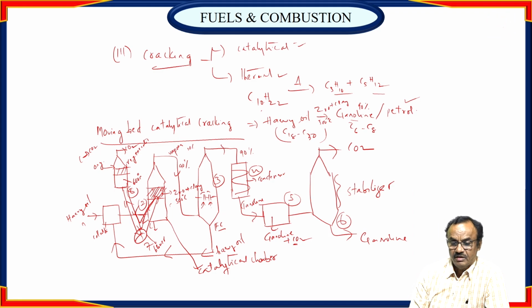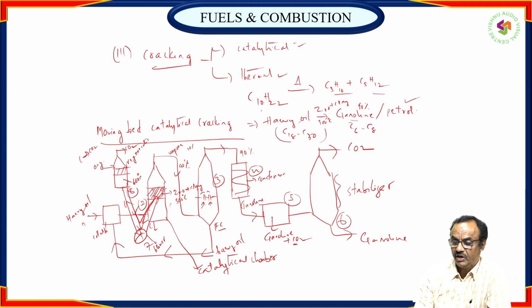Let me revise it again. The raw material for converting heavy oil into petrol by moving bed catalytic cracking is heavy oil. It passes into the catalytic chamber in the presence of zirconium clay at 500 degrees centigrade and breaks into smaller fractions up to 90% only.